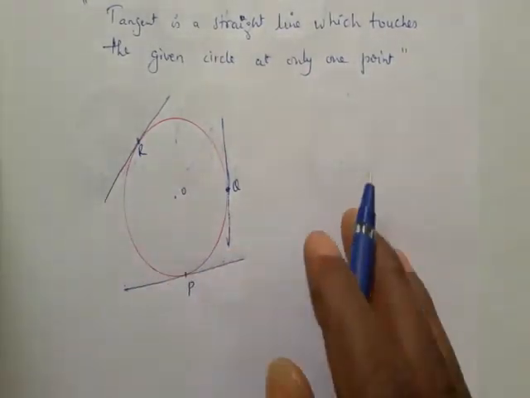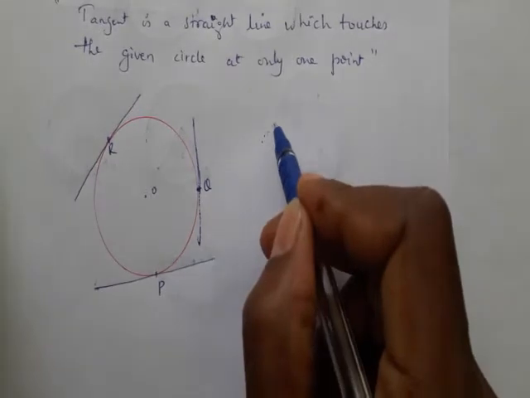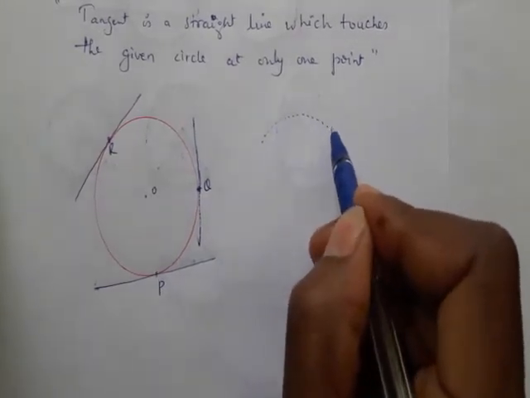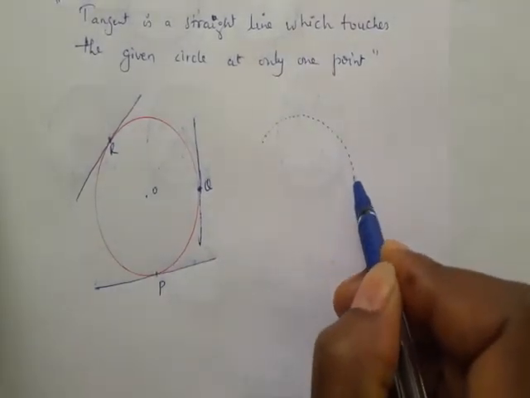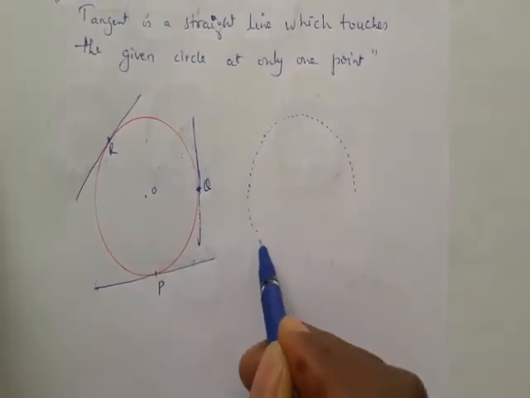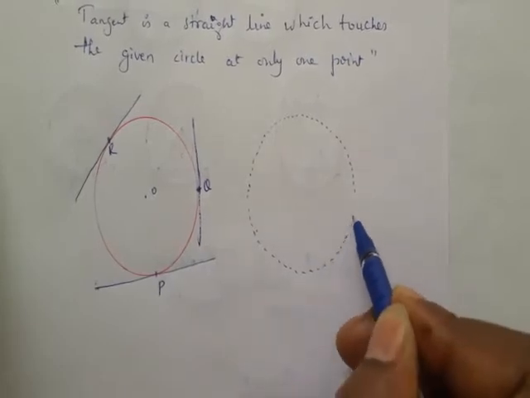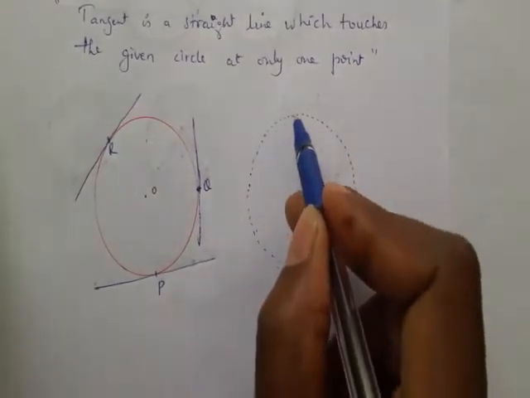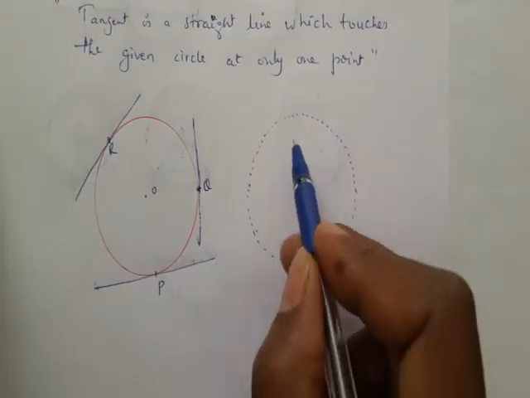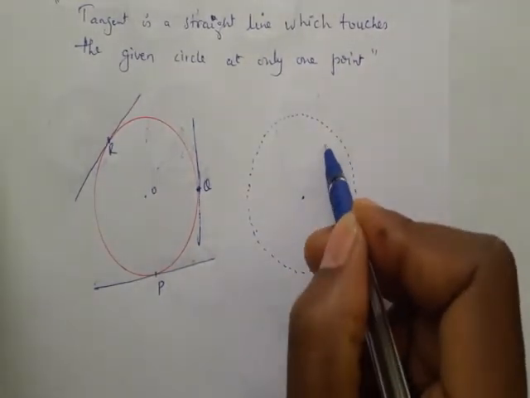You know the definition of a circle. Circle is the collection of an infinite number of points. If you mark all these infinite number of points on a plane and join them, the condition is that all these points are at equal distance from the center.